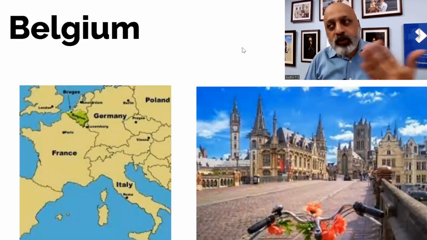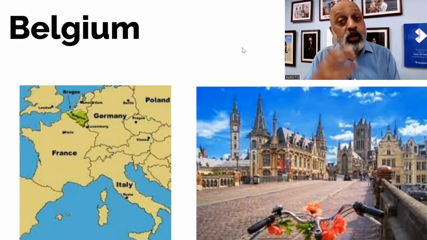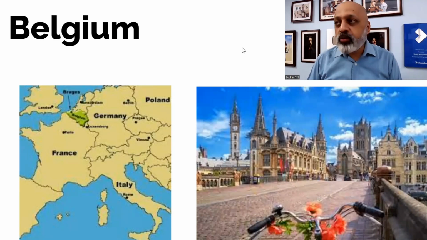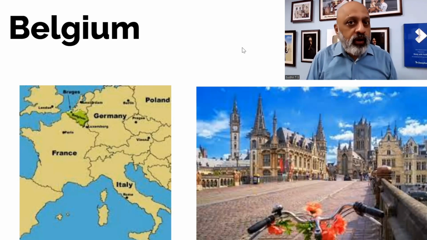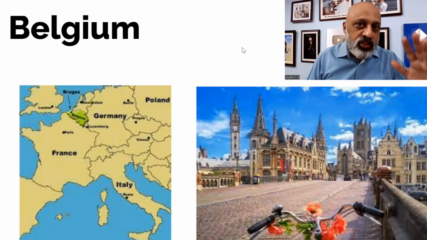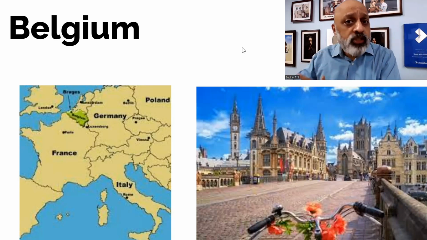Now, your textbook starts with very interesting examples of two countries. One in South Asia, which is our immediate neighbor Sri Lanka to the south of India, and the second, this beautiful country called Belgium. If you see the map on the left-hand side of your screen, you will see there is a sea which divides England from the rest of Europe.